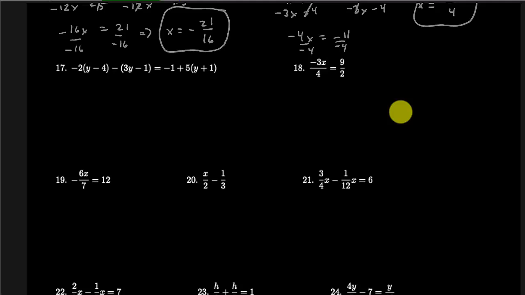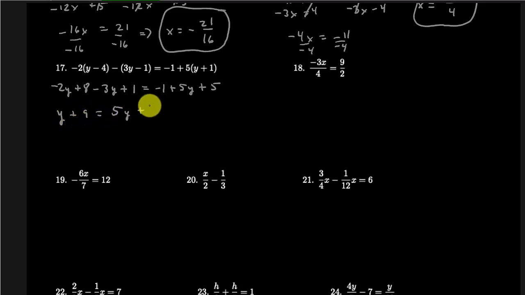All right. So now this one, clear the parentheses, negative 2y plus 8 minus 3y plus 1 equals negative 1 plus 5y plus 5. Combine like terms, y plus 9 is equal to 5y plus 4.